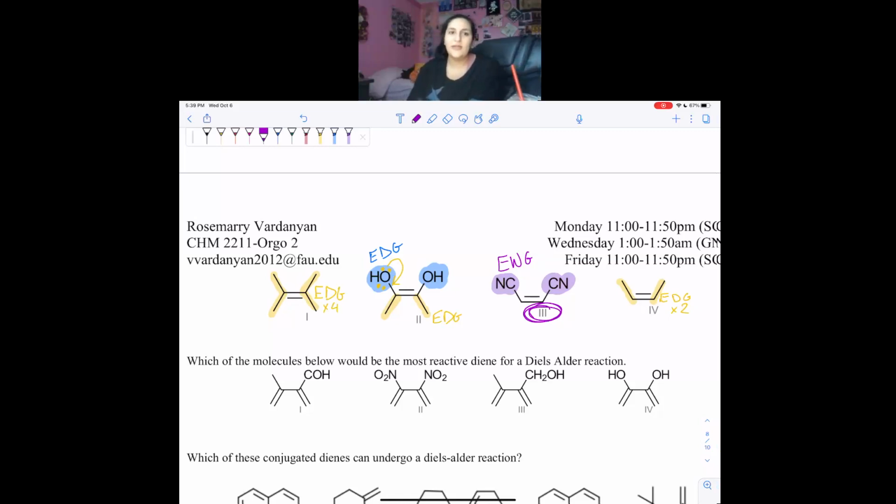I would pick number 2, and the reason is both of them have 4 donating groups, but the OH is going to be a lot stronger donating than the R group. So this one would have a stronger donating group than this one would. So this one's going to be the crappiest here.